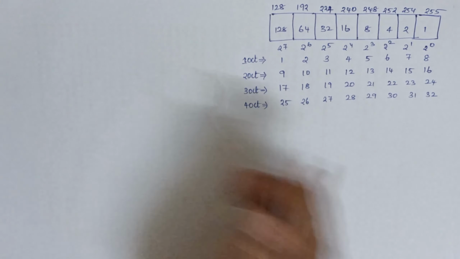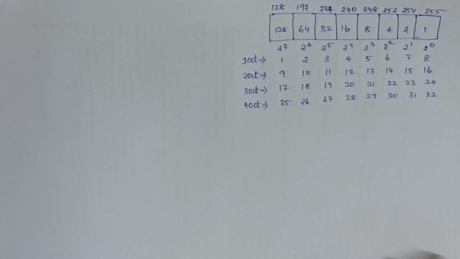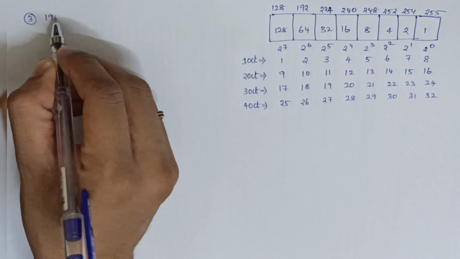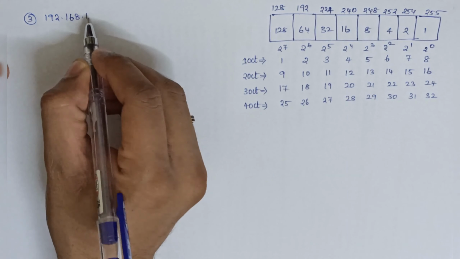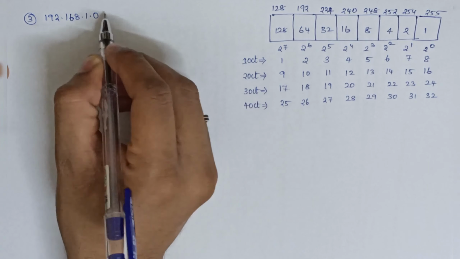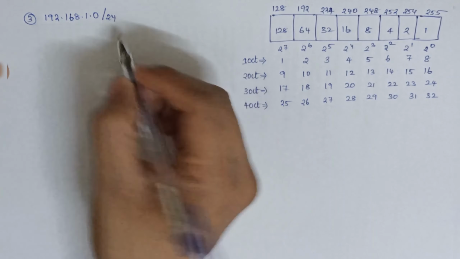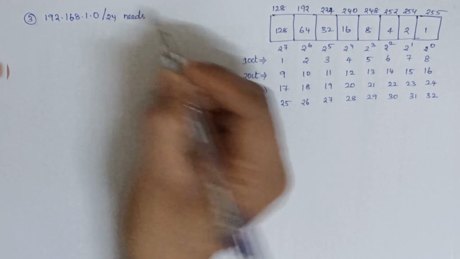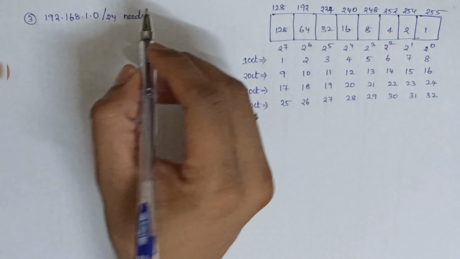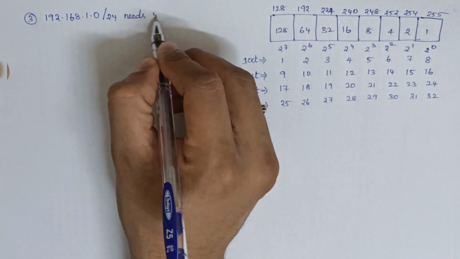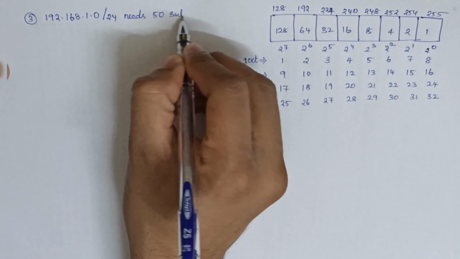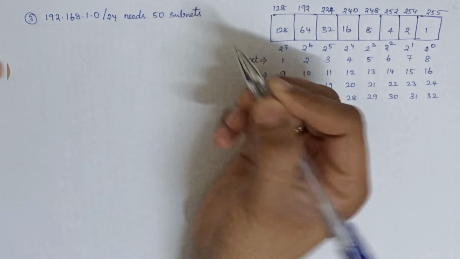Okay, so the same chart here I have taken. Now we will try with class C. So 192.168, for example 1.0 if I am taking, and 24 is the class C default network bits here, which needs, for example, 50 subnets. We need 50 here.